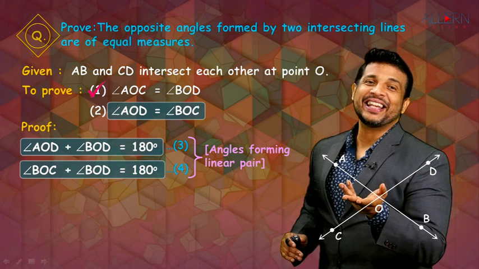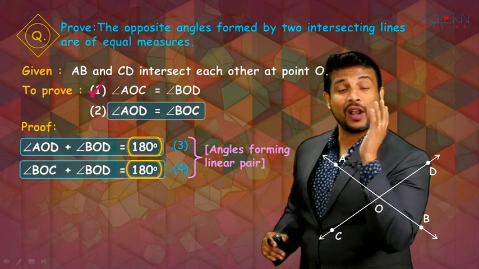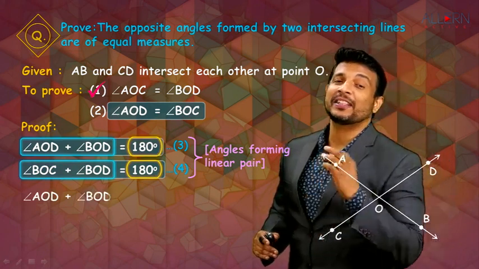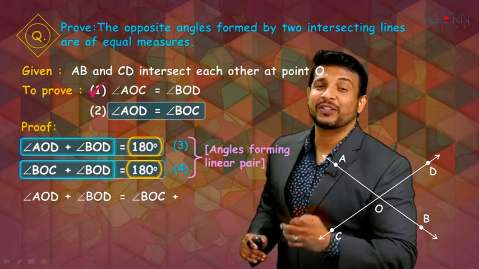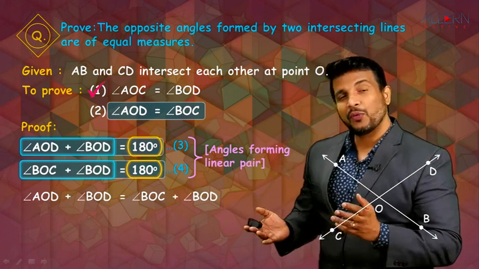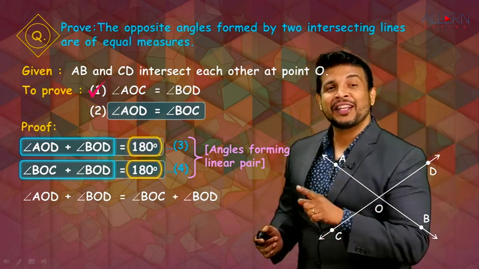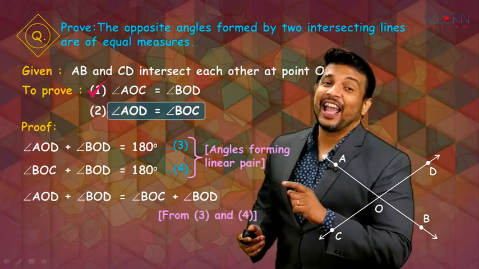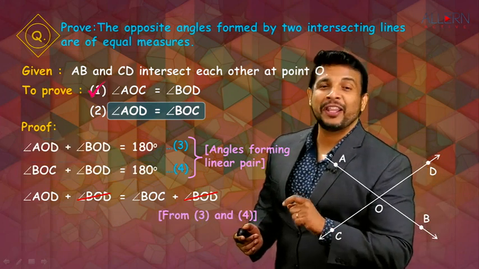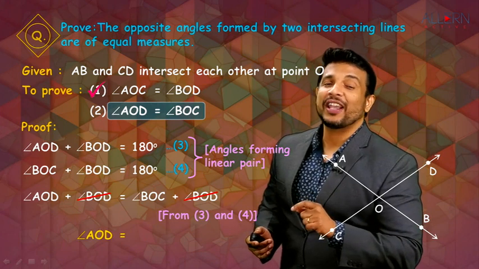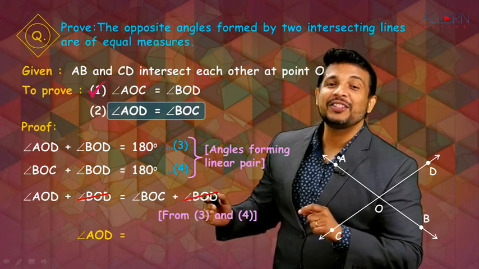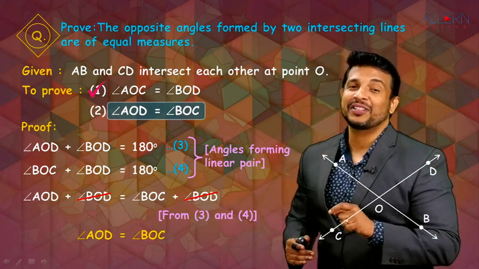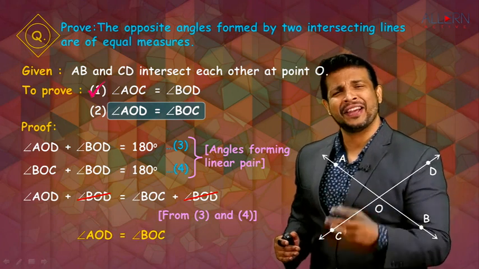So 180, 180, right hand side equal, left hand side equal. So we write angle AOD plus angle BOD is equal to angle BOC plus angle BOD. What do we get now? Angle BOD and angle BOD gets cancelled, and don't forget the reason, we got it from 3 and 4, and now what we have is angle AOD is equal to angle BOC. Wasn't that easy? Very, very, very easy, right?